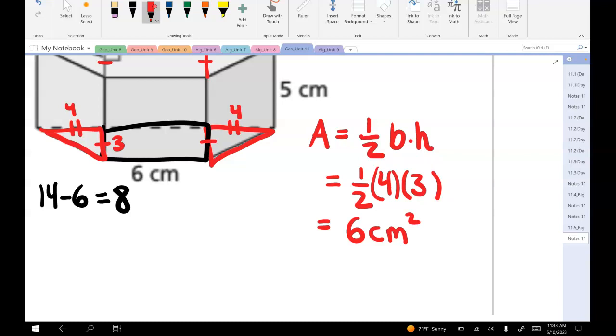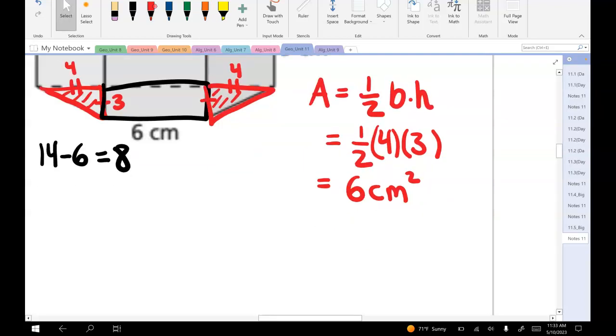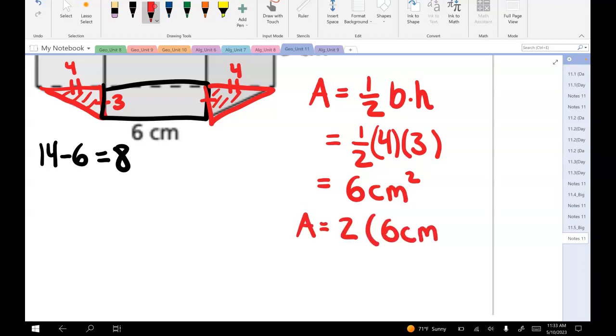But since there's 2 triangles, we have to double it. So altogether, the area of our region in red is 12 centimeters squared. So we have to double 6. And I'm going to dash circle that because I know that's like an intermediate answer that I'm going to use.